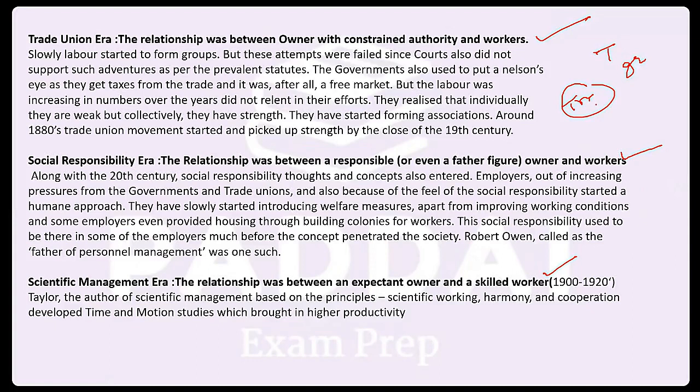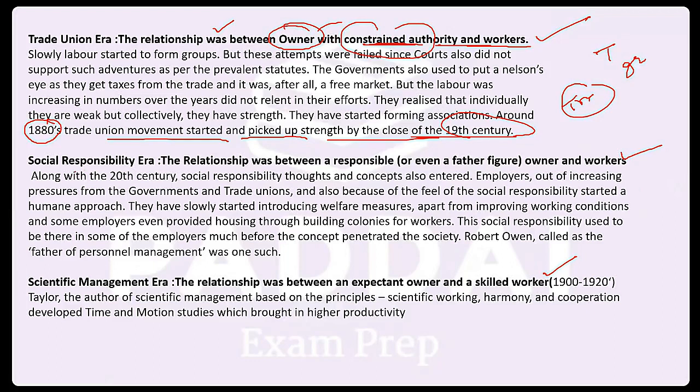This era was around the 1880s. The trade union movement started and picked up strength close to the 19th century. The relationship was between the owner with constrained authority and the worker. Constraint here is that they had the authority, but somewhere they needed to take the worker's viewpoint into consideration.